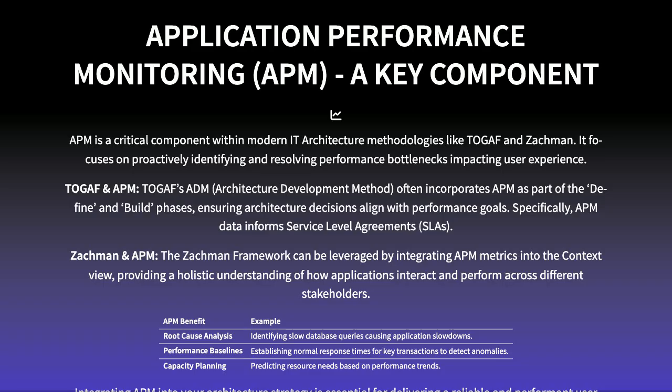TOGAF's ADM process often uses APM data to make sure architecture choices are actually supporting desired levels of performance, those SLA we all talk about. And the Zachman framework? You can use that to really understand how applications fit together and where bottlenecks might exist by looking at performance metrics within the context view.